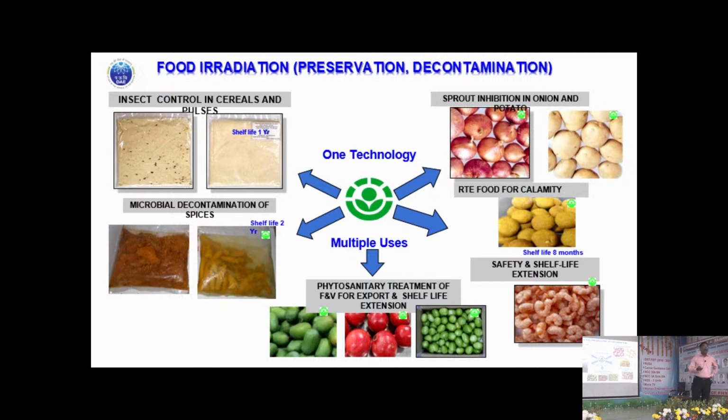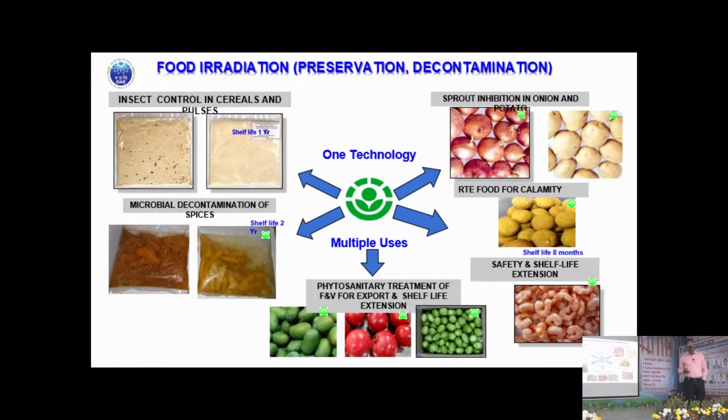Mango, for example, one example I wanted to tell, we have extended the shelf life of mangoes to 30 days, because of which instead of air route, we can take it by sea route to USA, and in USA it is mandatory that mangoes have to be irradiated to be exported there, and they don't want the disease-making organisms to be shipped to their country.